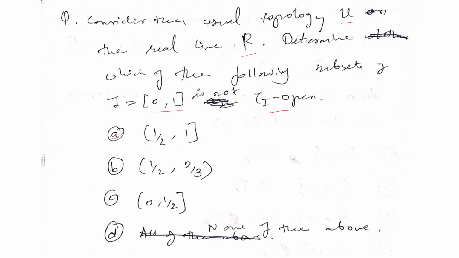So here also you need to find which of these is not a part of tau I open, that is, the relative topology on I. So which of these is not tau I open, or is it none of the above? That is, all of the above are tau I open.